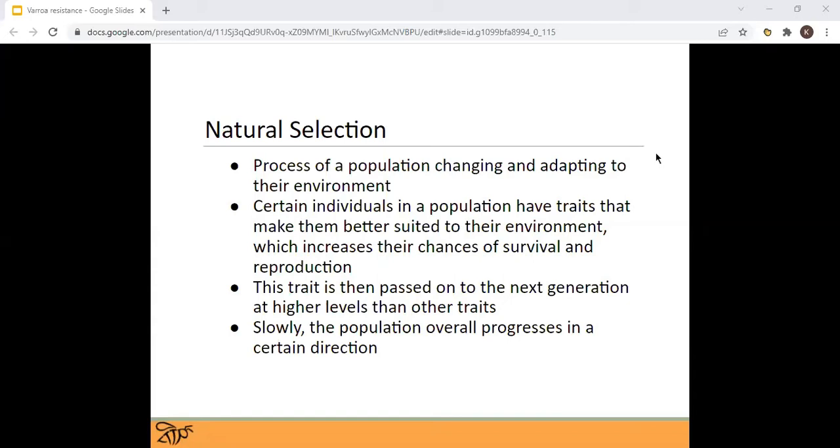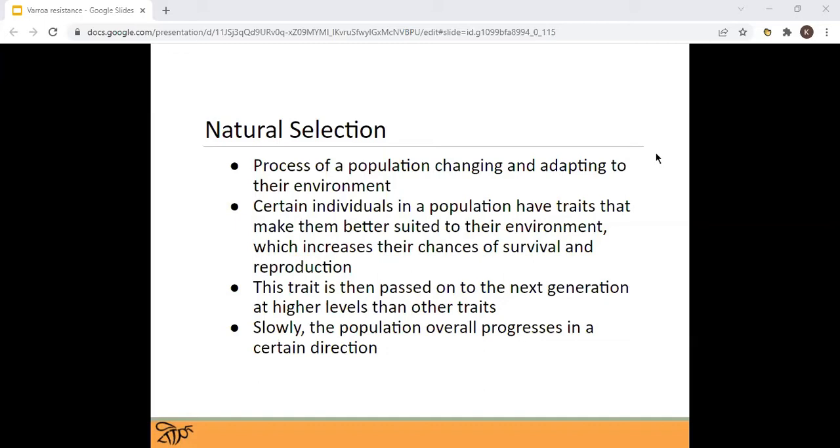Natural selection is the process of a population changing and adapting to their environment. This change is going to occur when an individual in a population has some sort of competitive advantage over other individuals in a population. This advantage increases their chance of survival and increases their chance of reproduction.